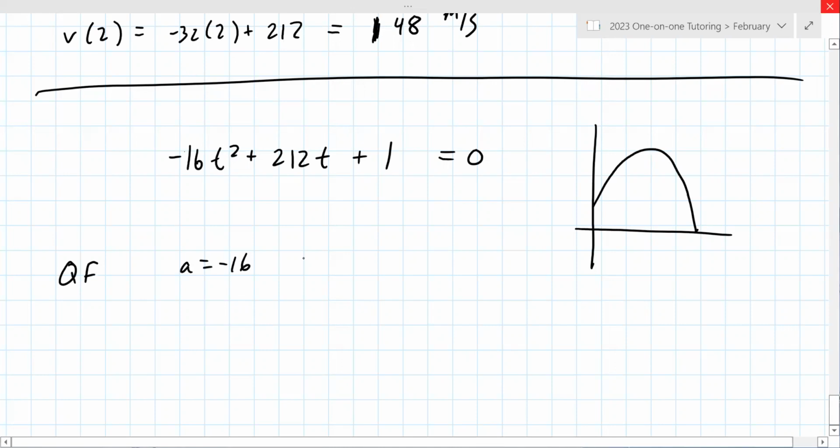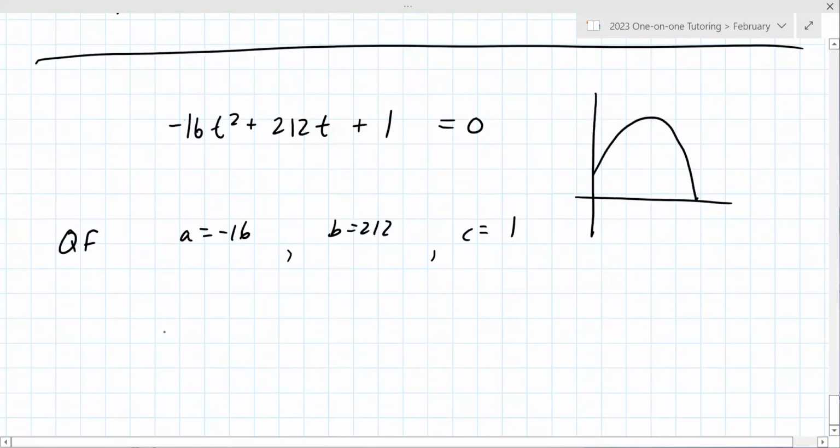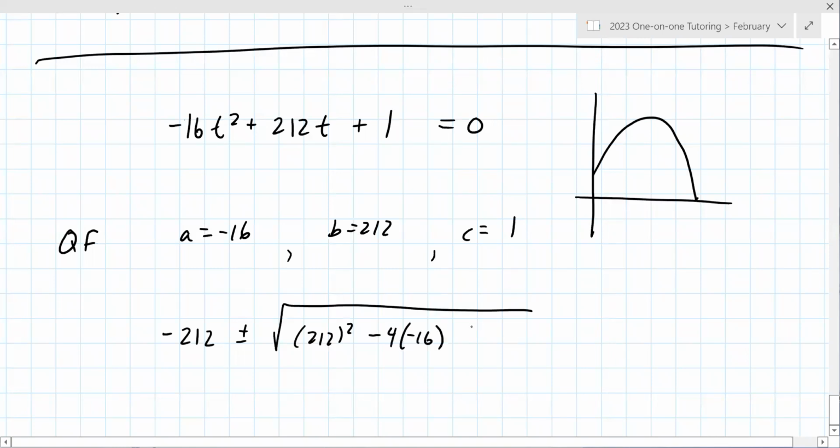A is minus 16, B is 212, C is 1. Are you allowed to use a graphing calculator? Not the graphing calculator, but you can use a calculator. Okay, so we can do this part. It's minus B plus or minus the square root of B squared, 212 squared, minus 4 times minus 16 times 1, all over 2 times minus 16.